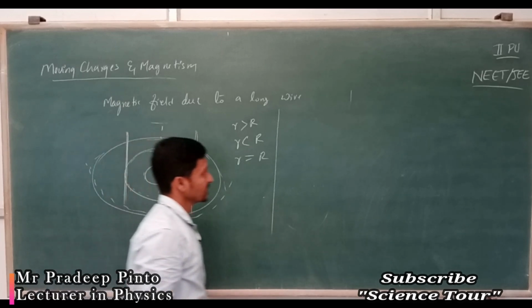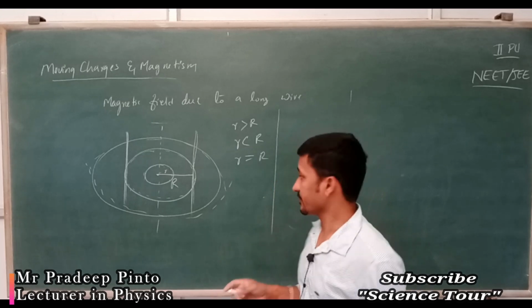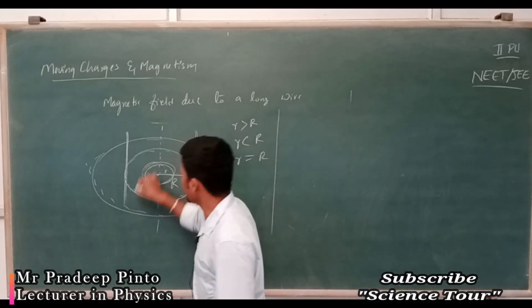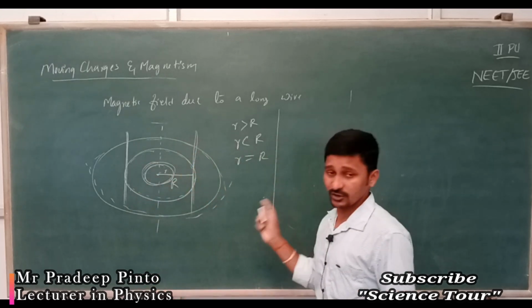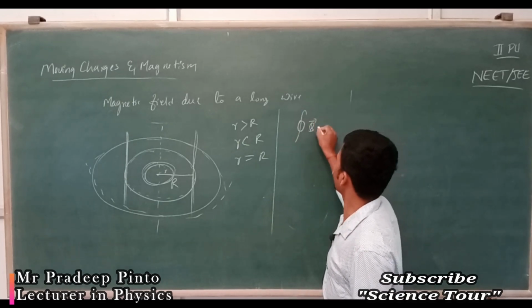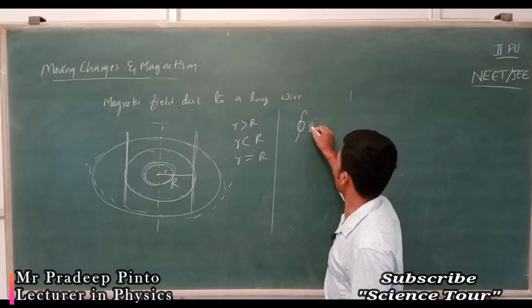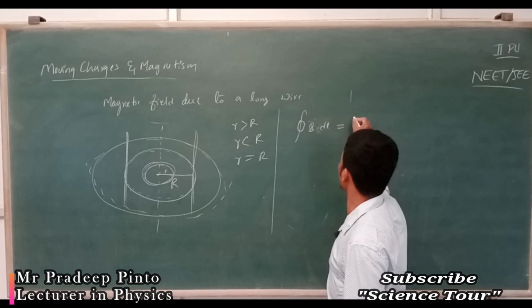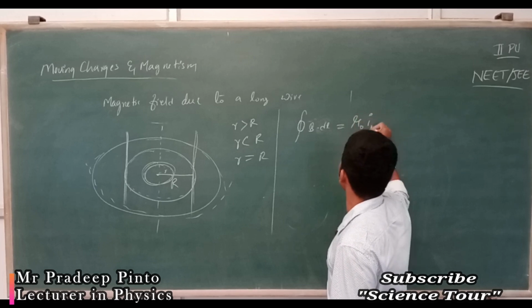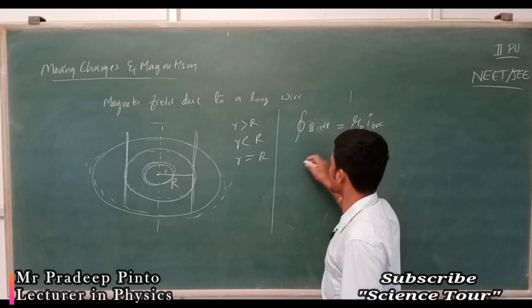Now for the general case, what we actually want is the total current enclosed. So we are going to take an Amperian loop and do the line integral of the magnetic field dot dl, which is equal to μ₀ times I enclosed by that surface.